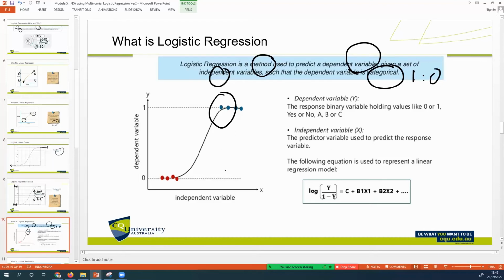So if using linear regression, the model will be y equal to constant plus beta 1 x1 plus beta 2 x2. But when we need to bend the line, we put the logit there. Log of y divided by 1 minus y is equal to c plus b1 x1 plus b2 x2 and so on. So we need to bend the line here using logit.